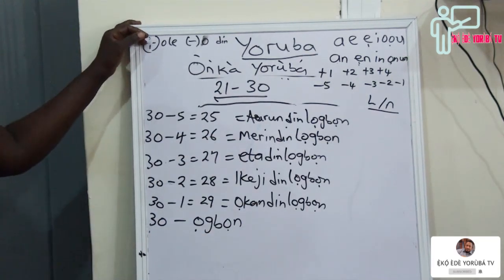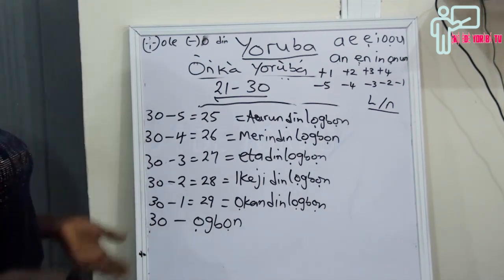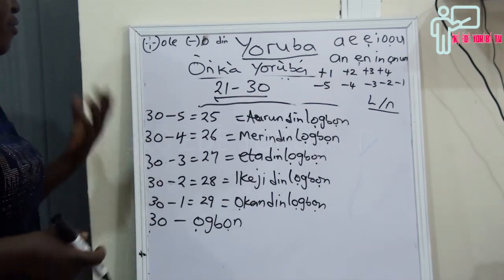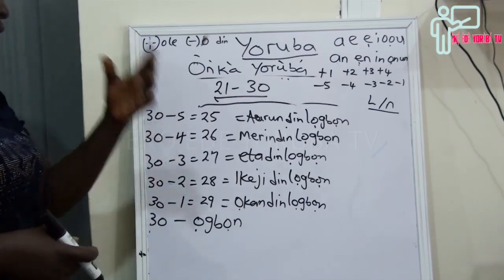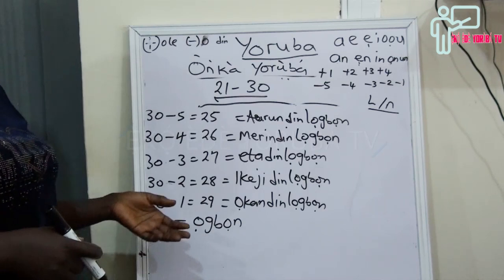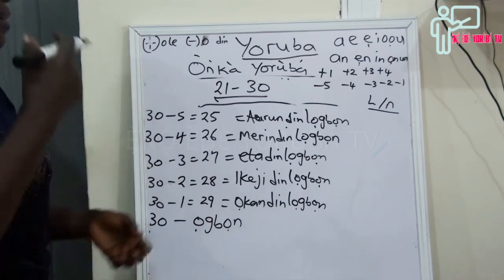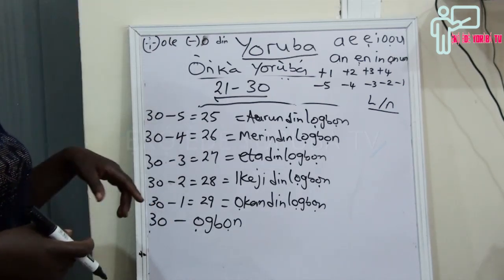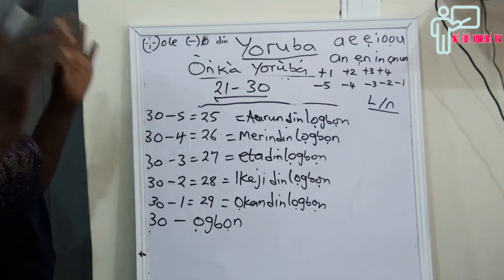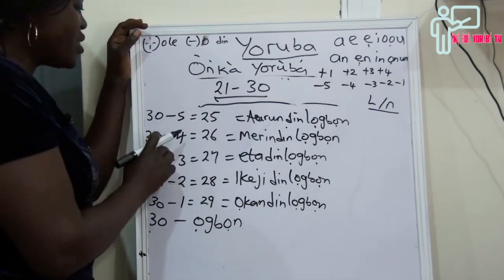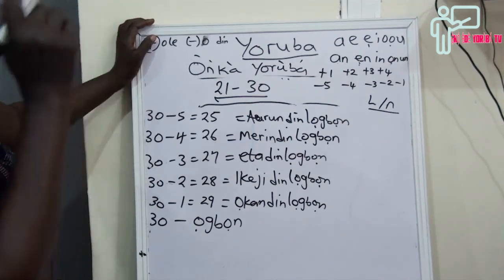Ọgbọ̀n. 1 ọ̀kan, 2 èjì, 3 ẹ̀ta, 4 ẹ̀rin, 5 àrún, 6 ẹ̀fà, 7 èje, 8 ẹ̀jọ, 9 ẹ̀sán, 10 ẹ̀wá, 11 ọ̀kànlá, 12 èjìlá, 13 ẹ̀tàlá, 14 mẹ́rìnlá, 15 márùndínlógún, 16 mẹ́rìndínlógún, 17 mẹ́tàdínlógún, 18 méjìdínlógún, 19 ọ̀kàndínlógún, 20 ogún, then 21 ọ̀kànlélógún.